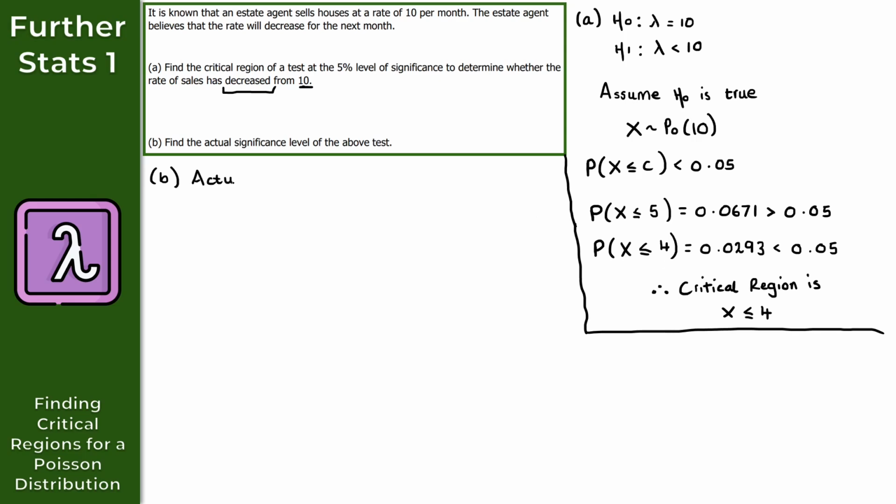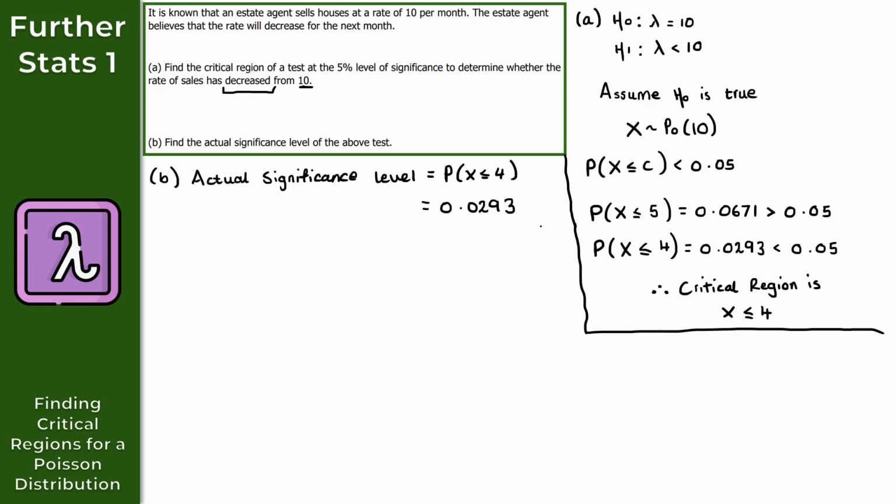The actual significance level is equal to the probability that x is less than or equal to 4. Okay, which we've already evaluated. That was 0.0293. So that's equal to 0.0293. Okay, and there we have it. So nice and straightforward. That gives the solution to part B.